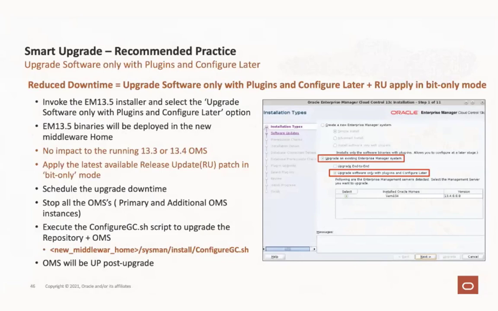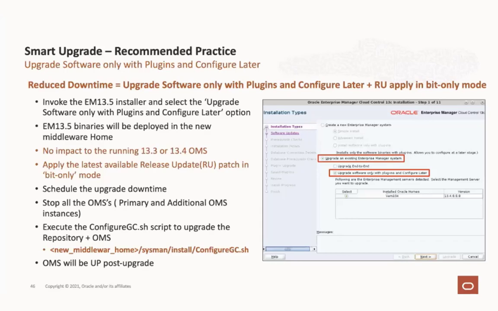And you can take the downtime whenever you have the scheduled outage, and you can just run the configuration alone. Along with that, you can also apply the release update if there are any available in the binary mode, in the bits-only mode, so that you don't need to do the RU patching after the upgrade is done. So this method will help you to save the patching time, as well as it will save in deploying the software binaries.